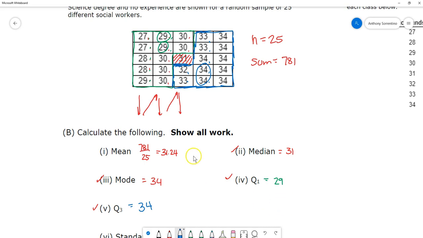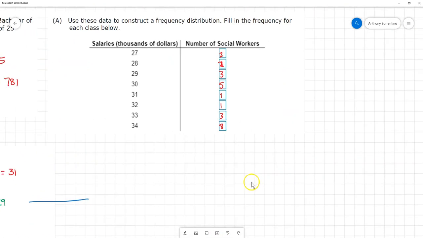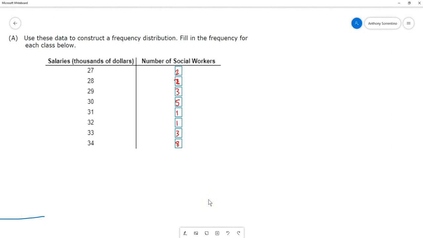Standard deviation, I would just continue on with this table that we started over here with the number of social workers.